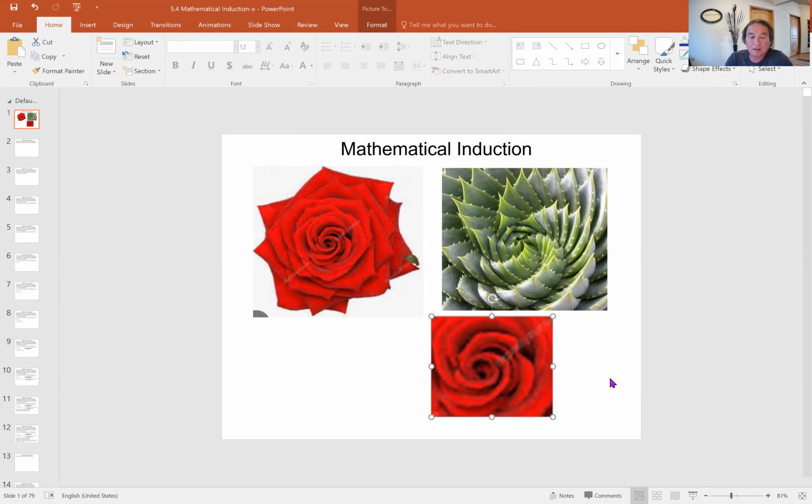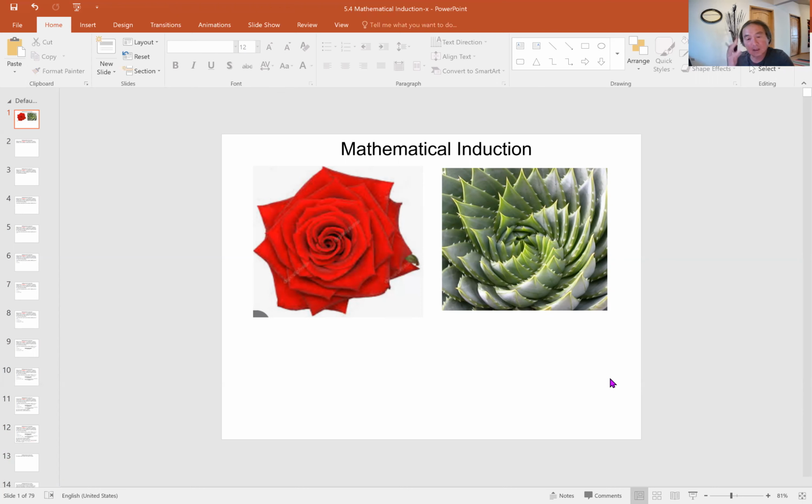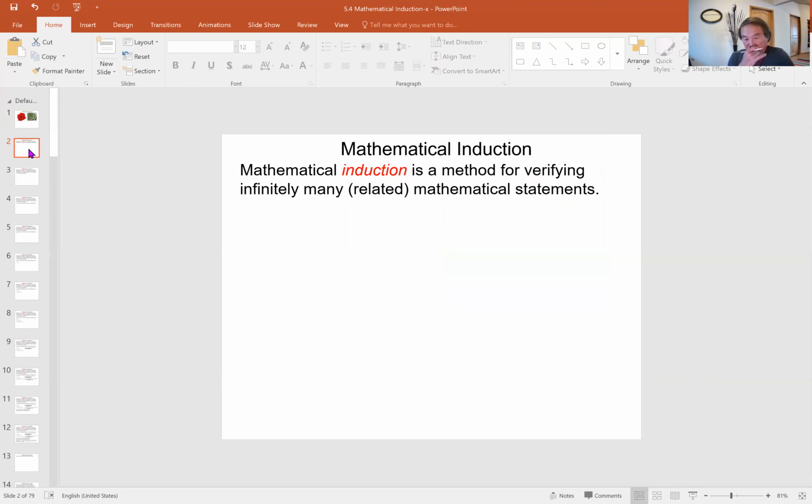And the reason we can retain the patterns and imagine them is because we can mentally rebuild what the image is for the next layer, based on the present layer, and the next layer, and so on. In other words, its propagation, the new ones, is based on the patterns of the old. And this is what mathematical induction is about.